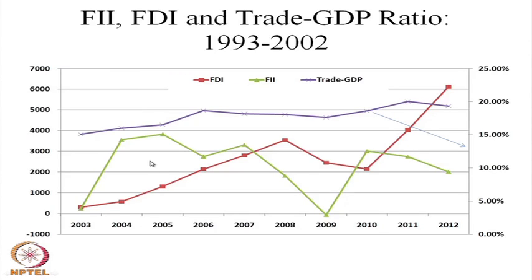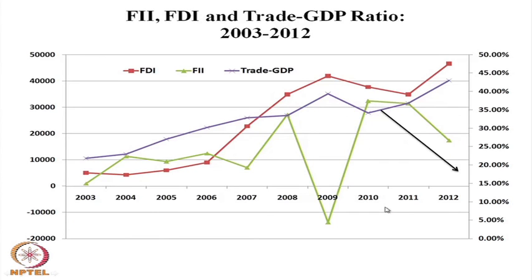If you see the graph here, I have put the FII, FDI and trade-GDP ratio from 93-94 to 2002, the first phase of reform. In the reform phase there has been a significant increase in FDI. There is a significant increase from 2003 to 2008. After that, there has been a recession in the world economy and a significant decline after that.